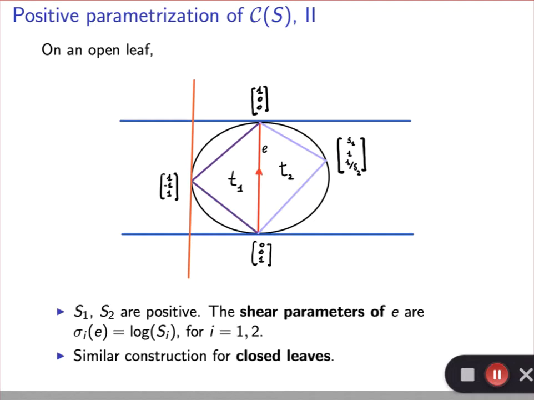So when we have an open leaf, we have two adjacent ideal triangles, we can normalize our picture, and then we need to give parameters associated to how to choose the vertex of the triangle on the right. And it turns out there are two parameters here, and so we keep track of the shear parameters along this leaf E as the logarithm of these two positive parameters, and a similar construction is done next to a closed leaf.